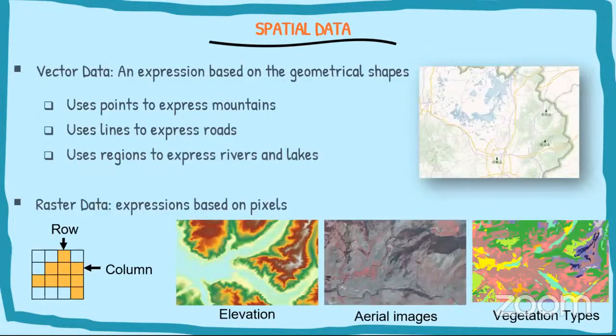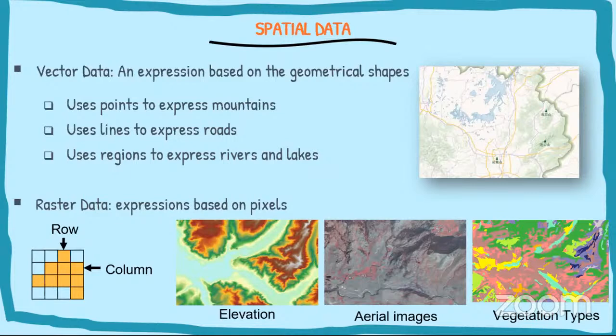Vector data is an expression based on geometrical shapes, where it uses points, lines, and regions to express certain features such as roads, mountains, rivers, or housing areas.